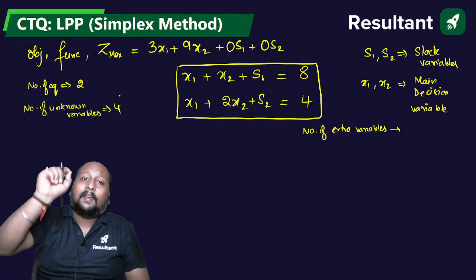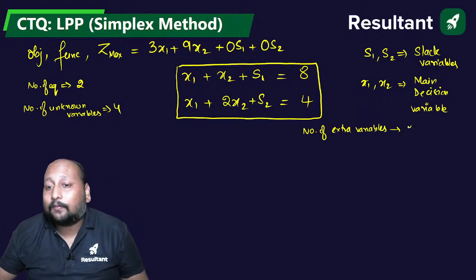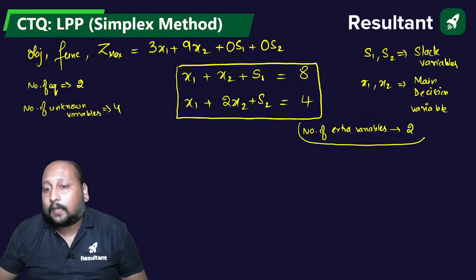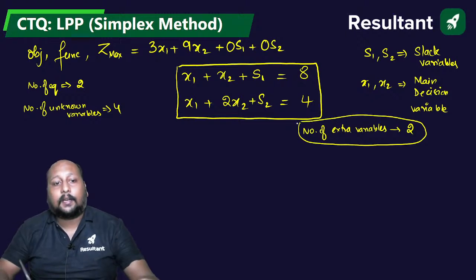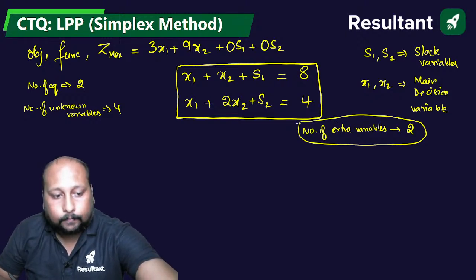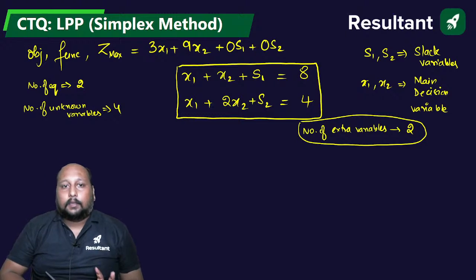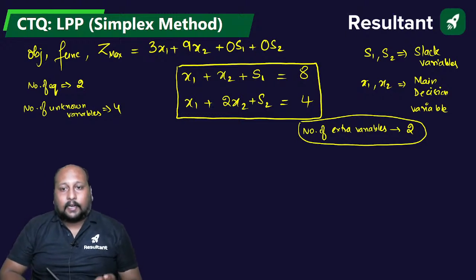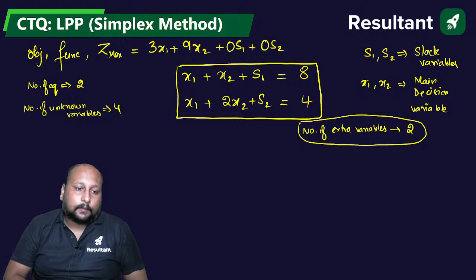So we have 2 extra variables. Exactly. In total there are 2 extra variables.